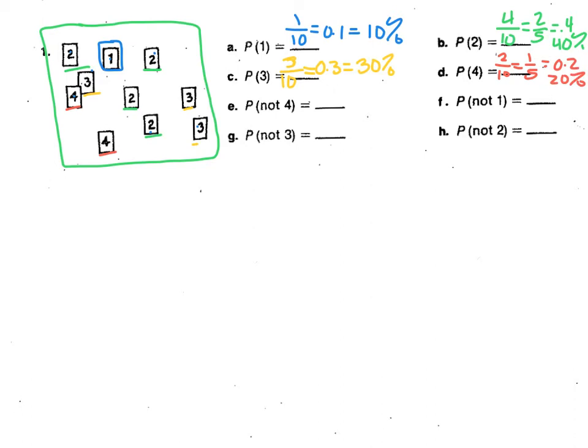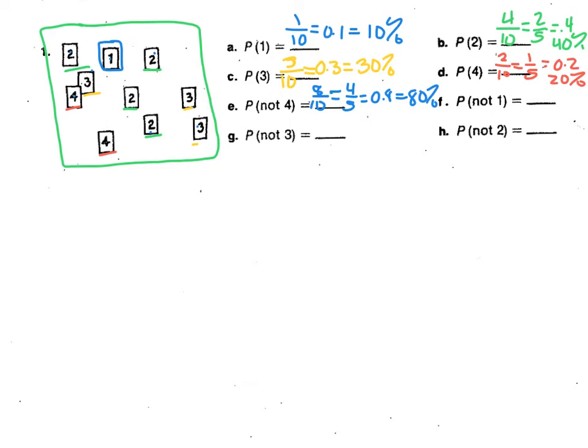All right, letter E, the probability of not getting a 4. So we have to look at all the cards that are not 4s. Well, there are 2 4s in the deck, so that means there are 8 cards that are not 4s out of the 10 possibilities. And this simplifies to 4/5, which if you divide is 0.8, or 80%.